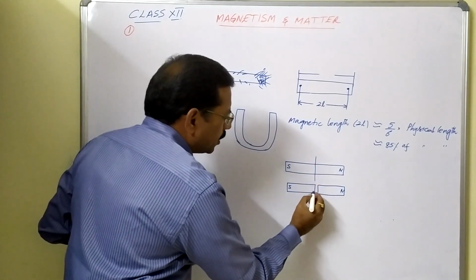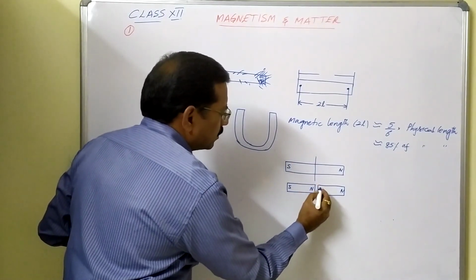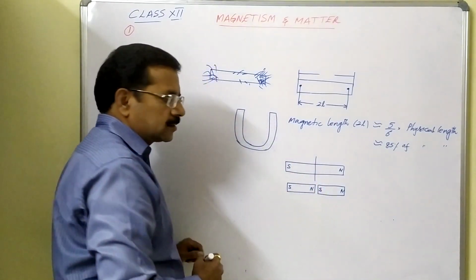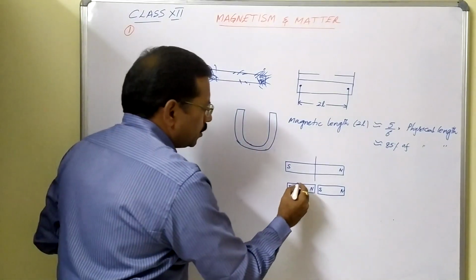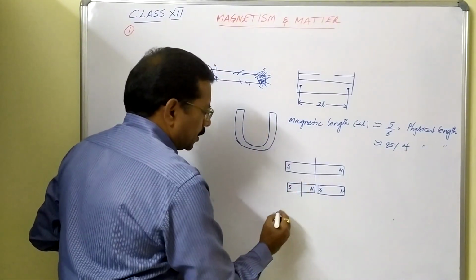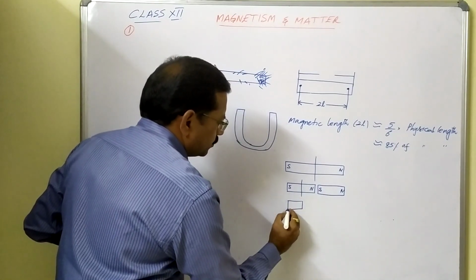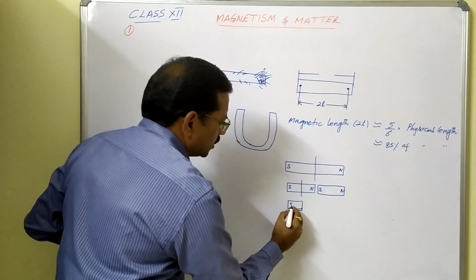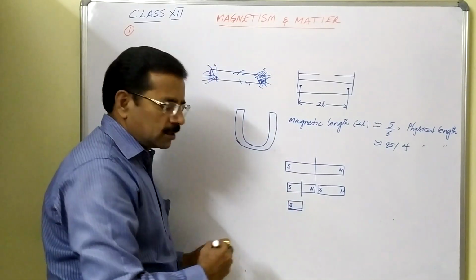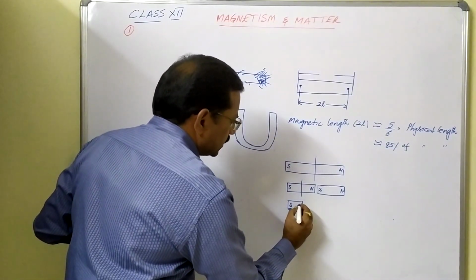And this newly formed end now behaves like a north pole and this end acts as a south pole. If you further cut this into two parts, either equally or unequally, this end still continues to behave like a south pole and this end acts as a north pole.